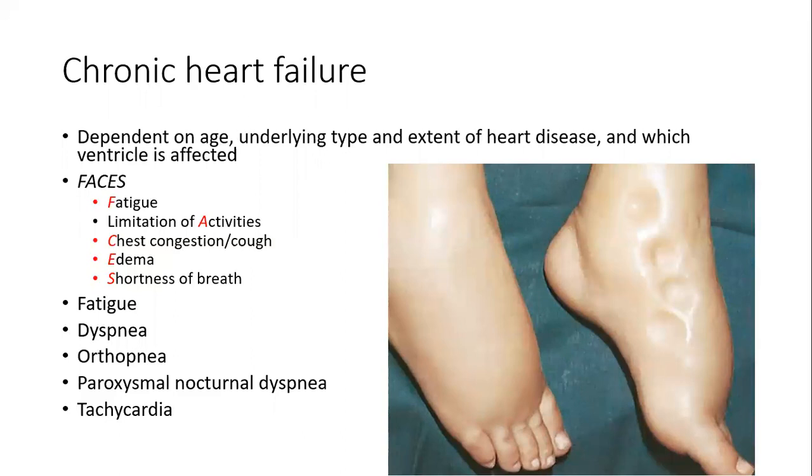So then one of the symptoms that you may see depends on the age. In chronic heart failure, it depends on age, underlying type and extent of heart disease, and which ventricle is affected. So in chronic, this is something you've seen a lot of around the various clinical settings. So the FACES mnemonic is a way to organize your memory of the symptoms.